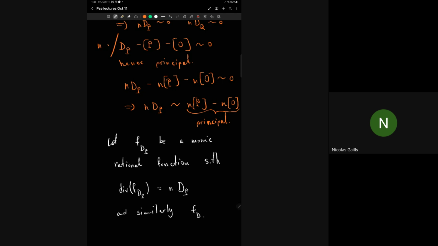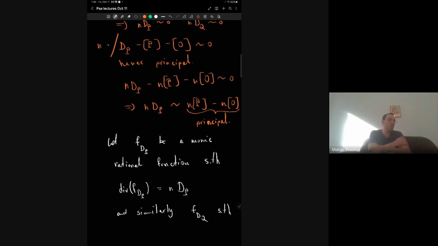But didn't we look at how to construct a function which has a specific divisor? No, we still didn't show a way to explicitly construct F_DP, but I'm asking, how do I know that such an F_DP exists? It's not true that every divisor comes from a rational function.